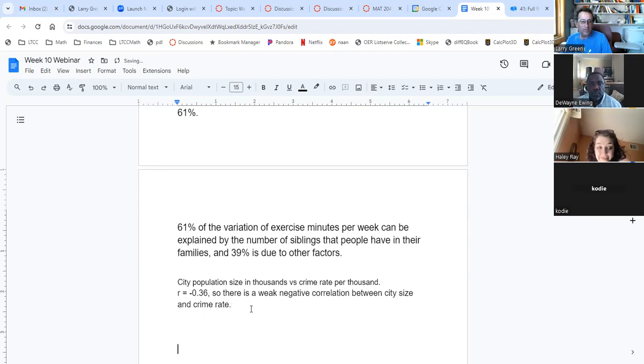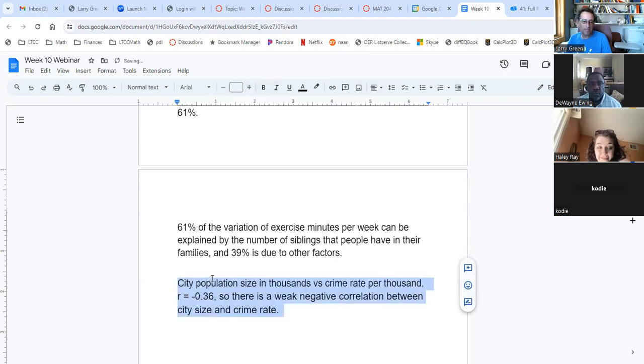Okay. So here's another example I have. We have lots of examples because examples are important. So let's look at city population size in thousands versus crime rate per thousand. And I looked this up and r was equal to negative 0.36.